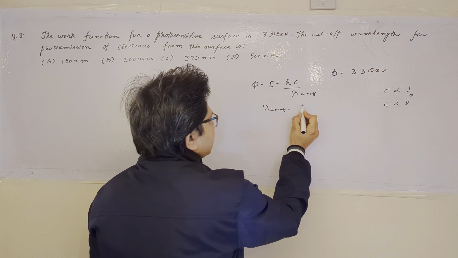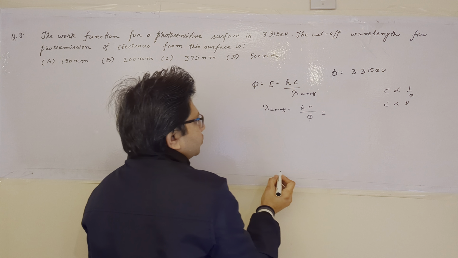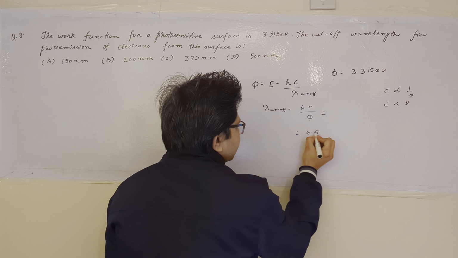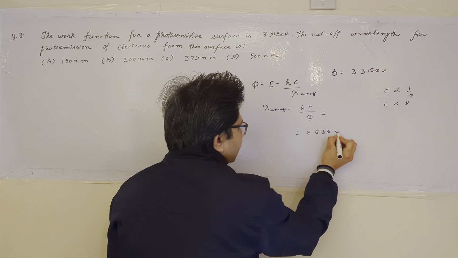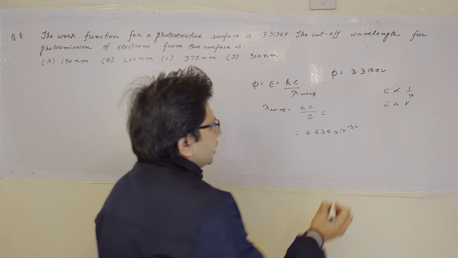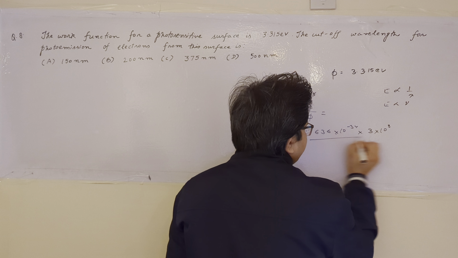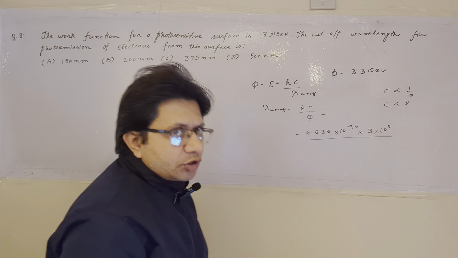So the cutoff wavelength we can calculate as hc upon phi. So this comes out to be 6.636, this is the Planck's constant, 6.636 into 10 to the power minus 34 joule seconds, and c is 3 into 10 raised to the power 8 meter per second, which is the speed of light.